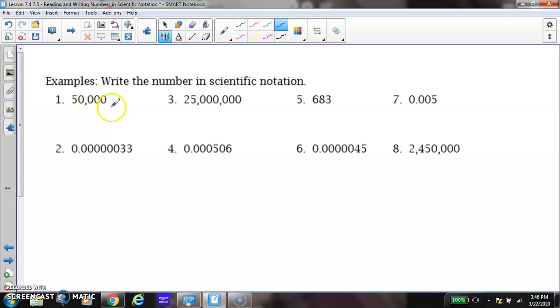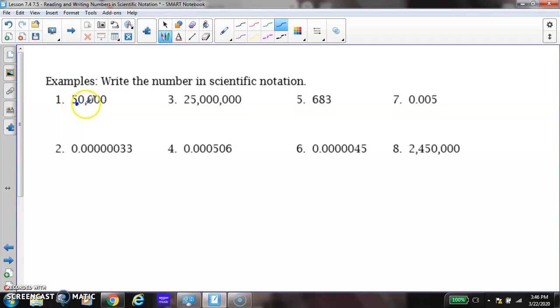So if we're writing this number in scientific notation for question number 1, we've got 50,000, okay? So the first step is to put your pencil in between the first non-zero digit that's between 1 and 10. So I see there's a 5 here, so I'm going to put my pencil here.